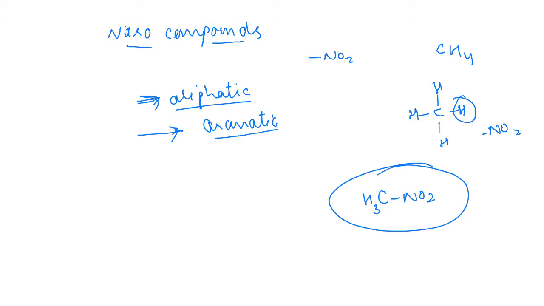If the nitro group is attached to benzene ring, any type of aromatic ring, this is aromatic. Yes, very good. And if the nitro group is connected to any aliphatic chain, simple, straight or branched chain, then it is aliphatic.